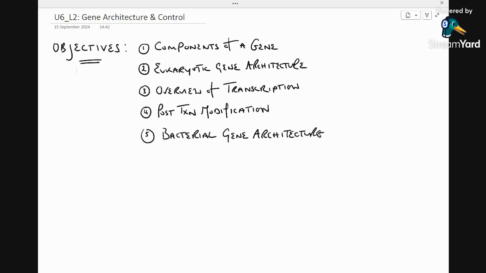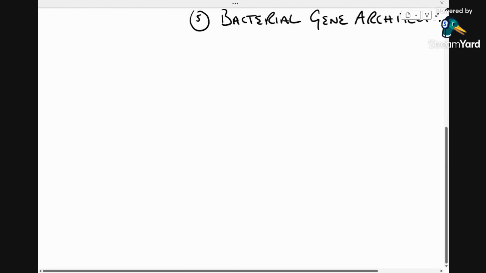So let's kick off with objective number 1, which I'm going to change to purple because it's regal. And we will look at the components of a gene. So component 1 is just the generic components of a protein coding gene.